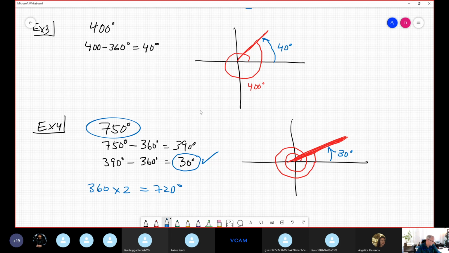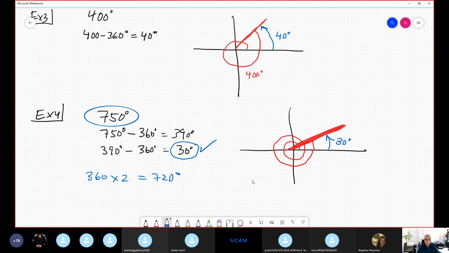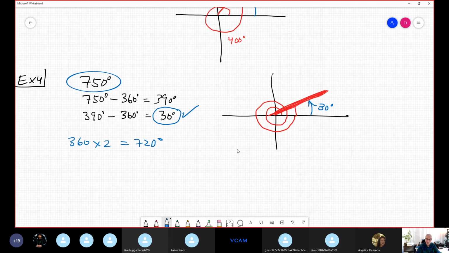Yes, clear now. I have one question. Go ahead. Will the answer ever be negative? No, the answer is positive. In this case, any angle you can express using positive degrees or negative degrees. For example, if you travel clockwise, this angle is minus 330 degrees, because 330 plus 30 is 360, one revolution.